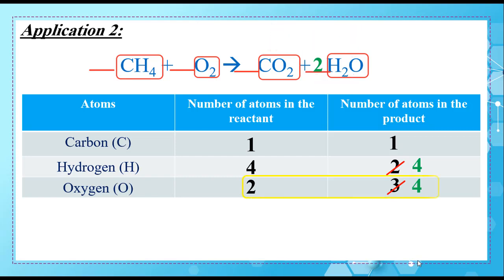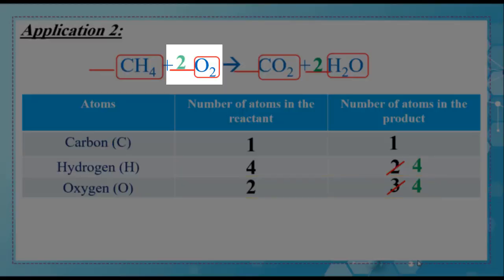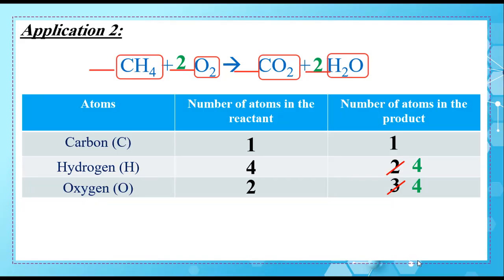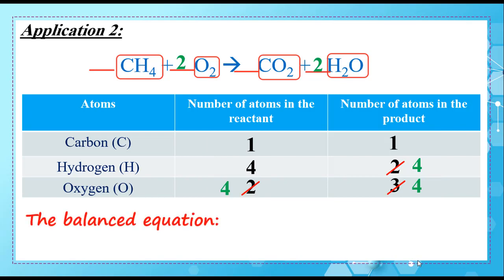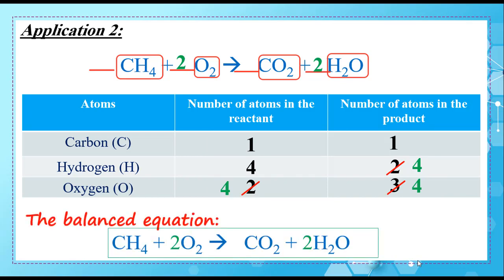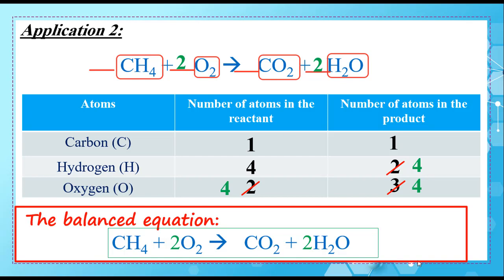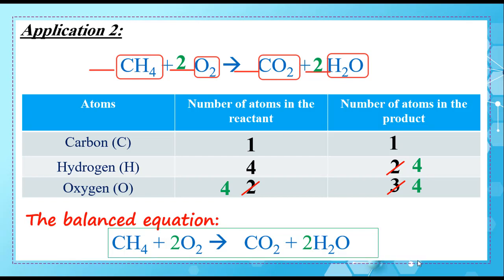To balance the number of oxygen atoms in the reactant, you can add coefficient 2 in front of O2, so that the number of oxygen atoms in the reactant will change into 4. By comparing the two sides, we obtain the same number of each type of atoms in both sides of the equation. So the balanced equation will be CH4 plus 2O2 produce CO2 plus 2H2O.